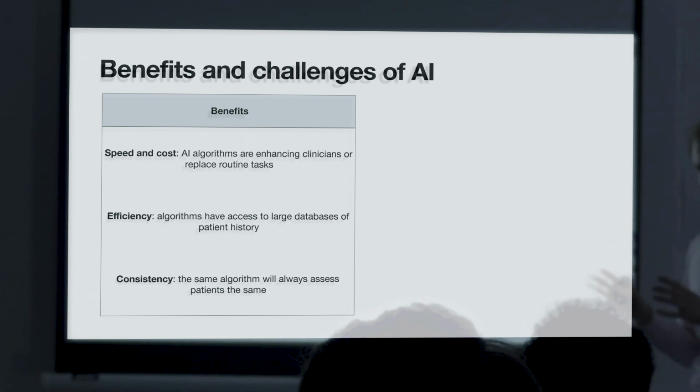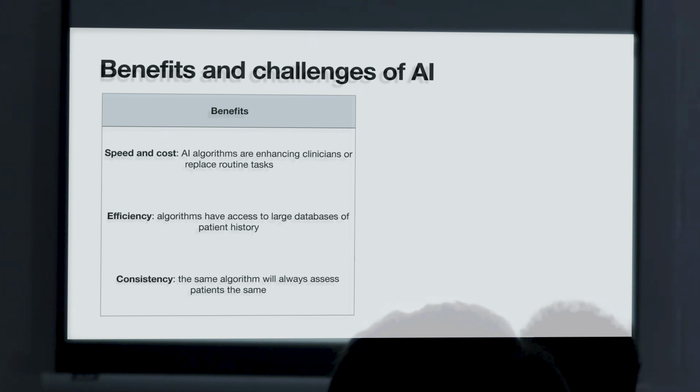There are many reasons, but I will just talk about the most general ones. Of course, AI algorithms are generally fast and cheap compared to, for example, a very highly skilled, trained clinician. And we want AI algorithms helping them, reducing the time, reducing the workload, or even taking some tasks off them.